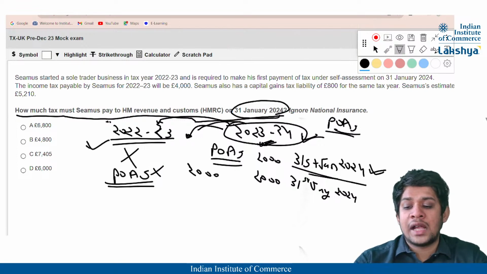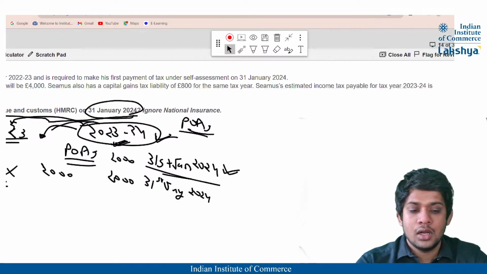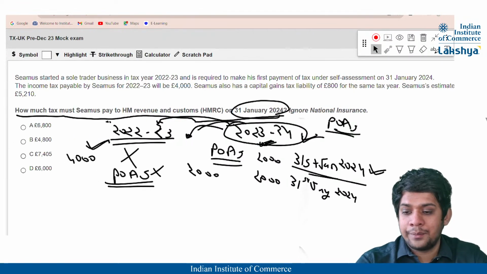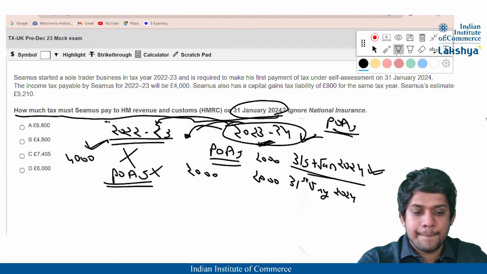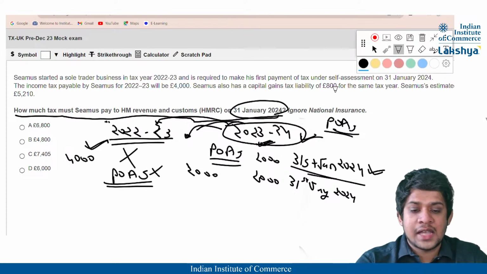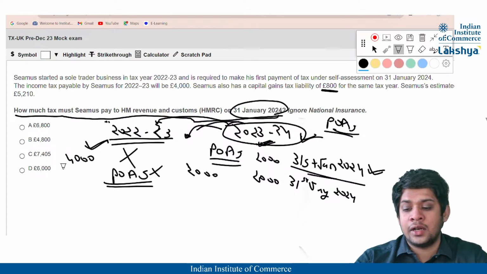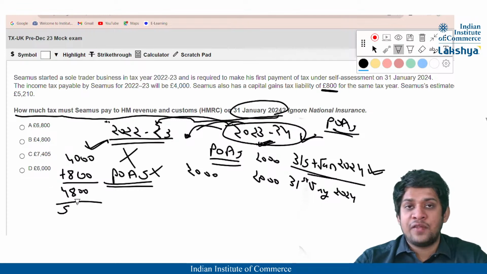And obviously for her tax year 2022-23, her income tax liability was 4,000, and you can see her capital gains tax liability was also 800 pounds. So this also she has to pay for the tax year 2022-23, when she files her return.